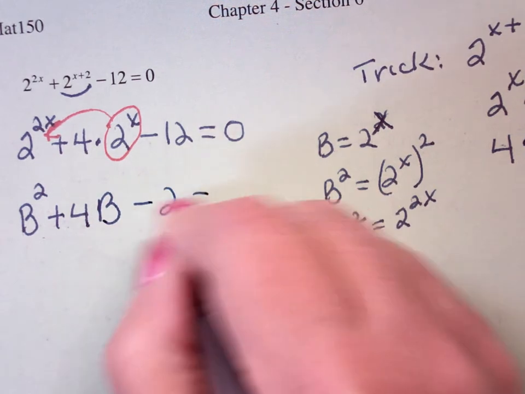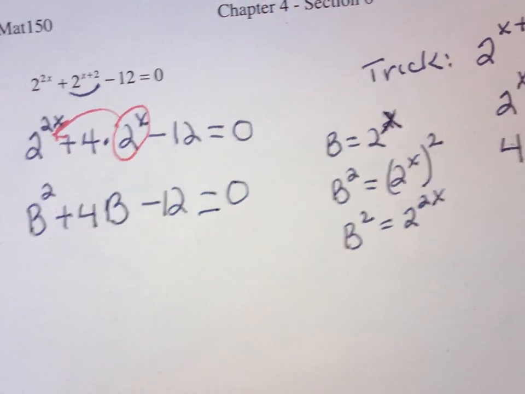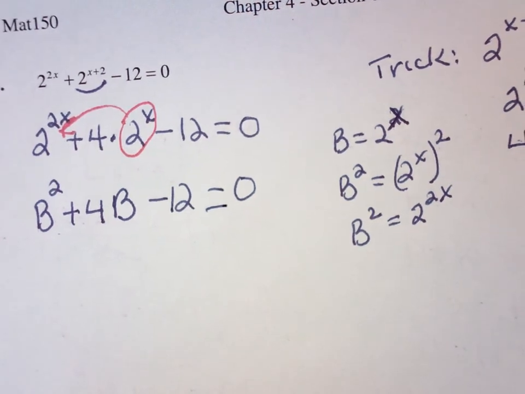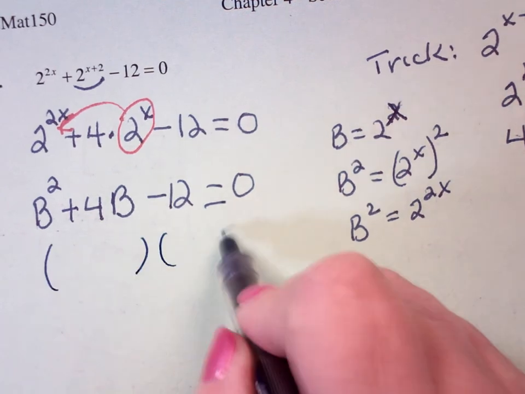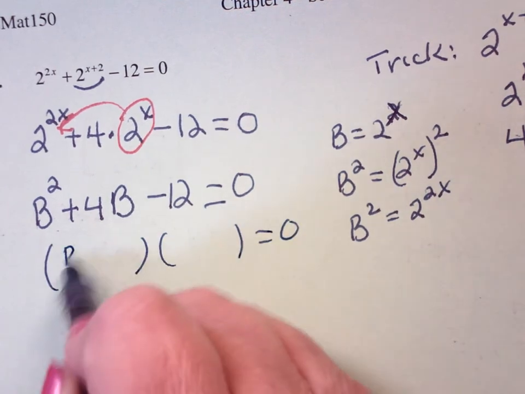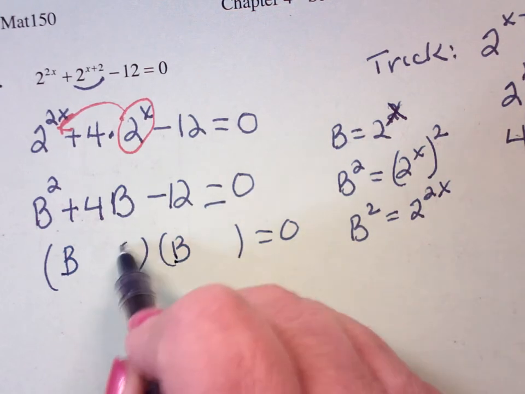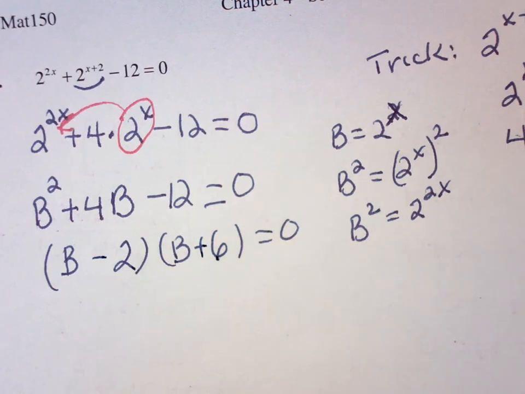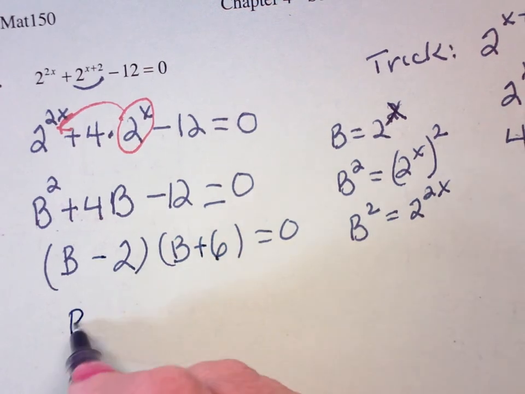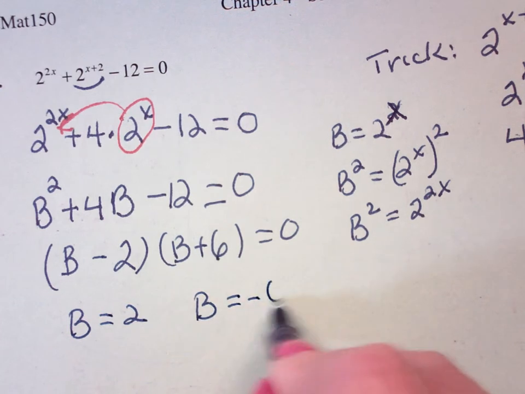Minus 12 equals 0. Now you've got a problem that you can do. It factors. And it's going to be 2 and 6, and plus and minus. So this says that b equals 2, b equals negative 6.